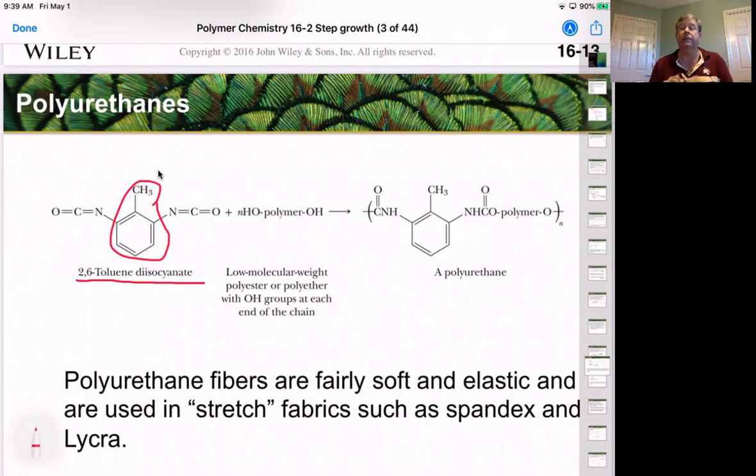And then what that does is that creates this soft section, the thing in between the two alcohols. And then that rigid section is where the toluene diisocyanate was. And so we end up with this soft, elastic, stretchy material. And when we turn it into fibers, it's also known as spandex or Lycra.